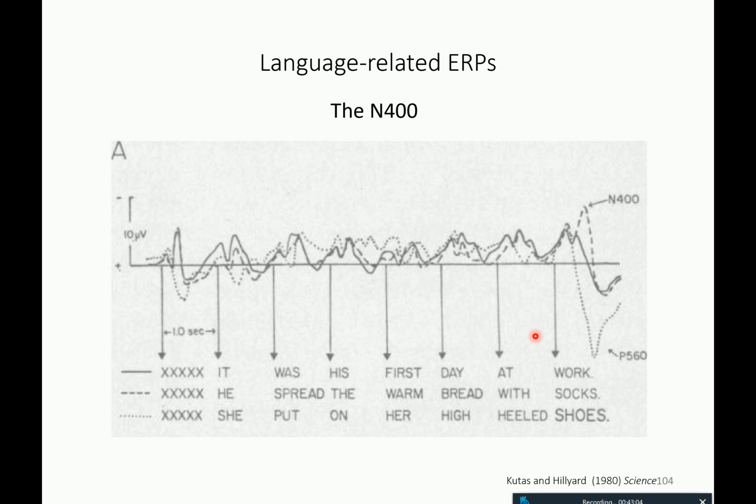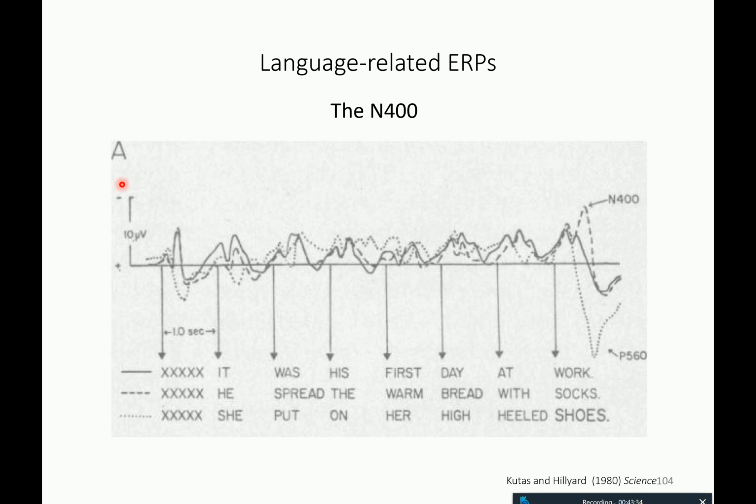So this shows an example for the N400. Again, there are these words presented every second here, so every second, and "it was his first day at work" is kind of a normal sentence, gets this full line, whereas "he spread the warm bread with socks" elicits this negativity.